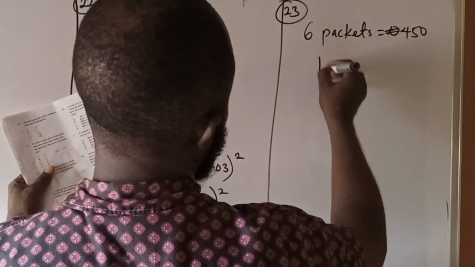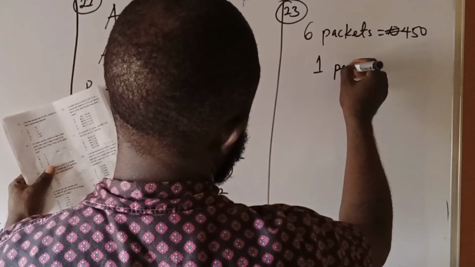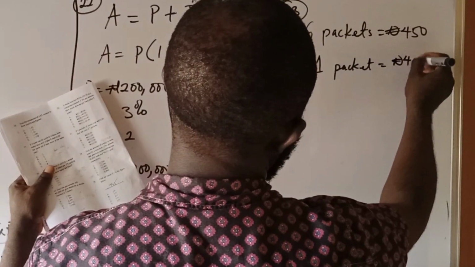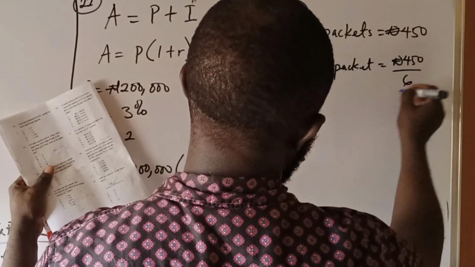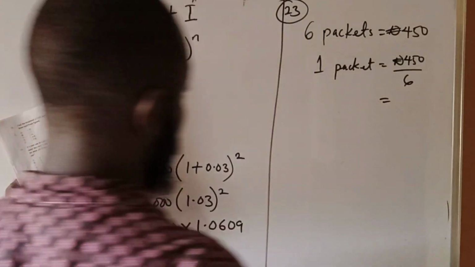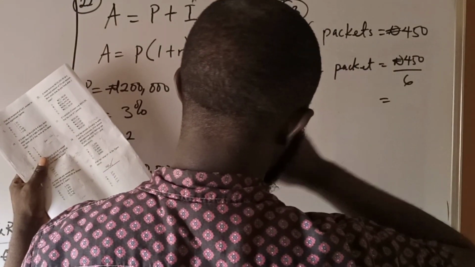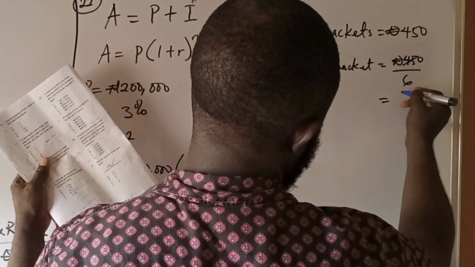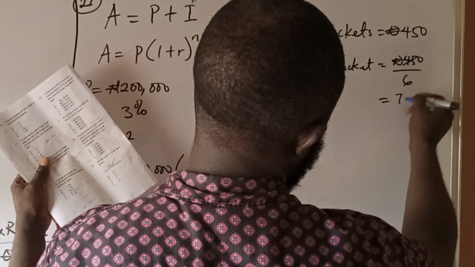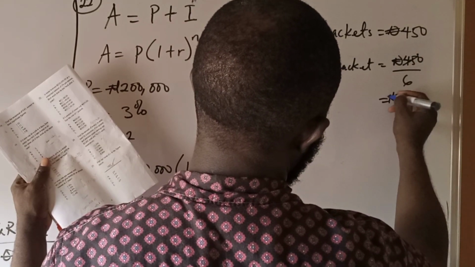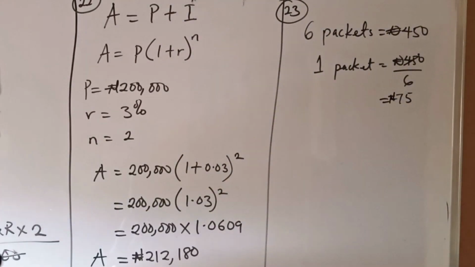So we need to get the cost of one packet. So that is 450 naira divided by 6. So 6 here, that is 7. Remainder 3, in 30, 75. So which means a packet costs 75 naira.